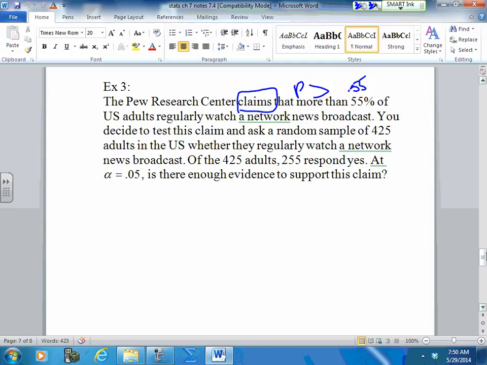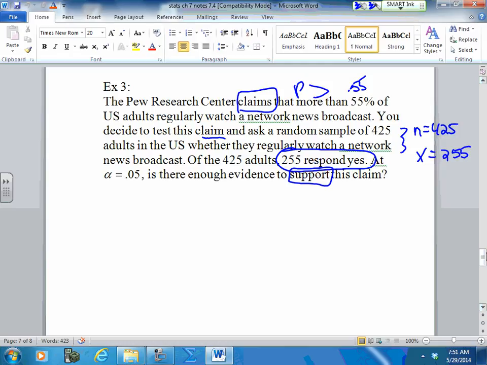You decide to test this claim, and here's your sample. You sample 425 adults, and out of those 425, you get a response of 255.